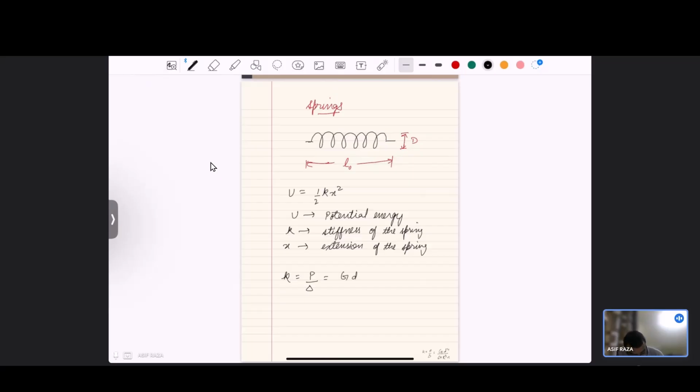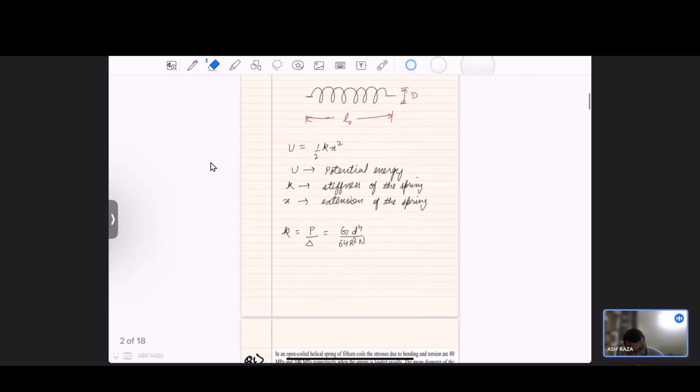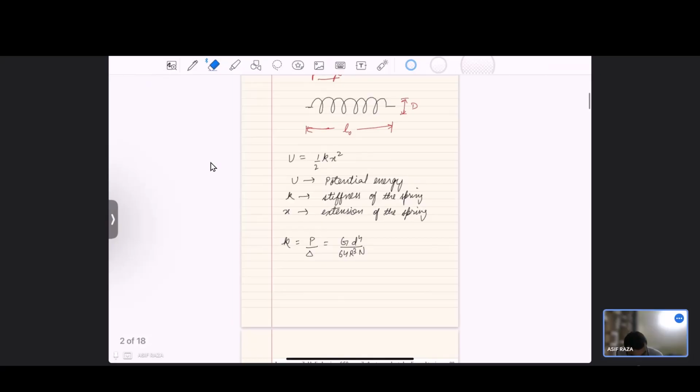It's calculated by taking G d to the power 4 by 64 R cube n, where G is my modulus of elasticity, d is the diameter of the wire through which the spring has been made, and R is the radius of the spring or coil.